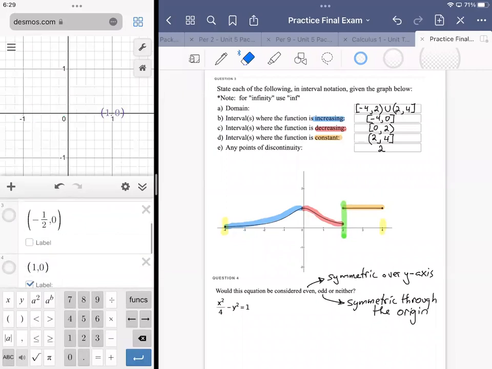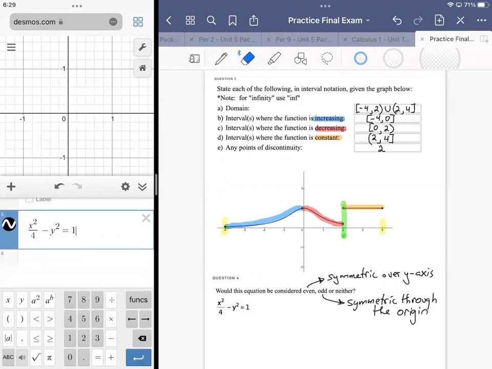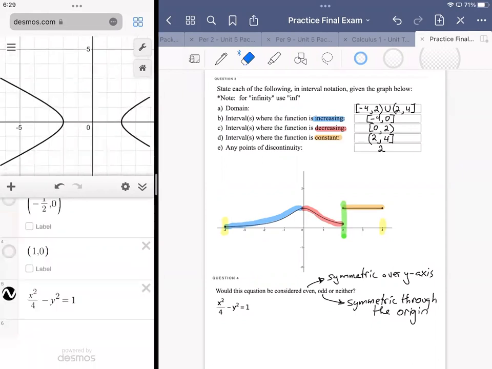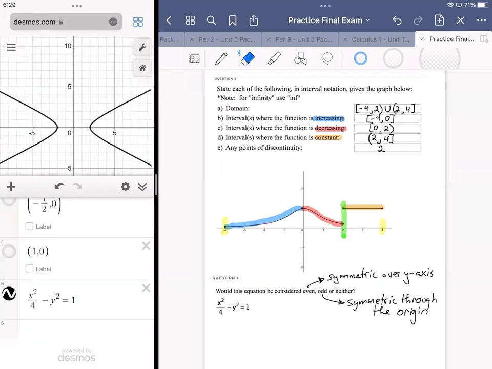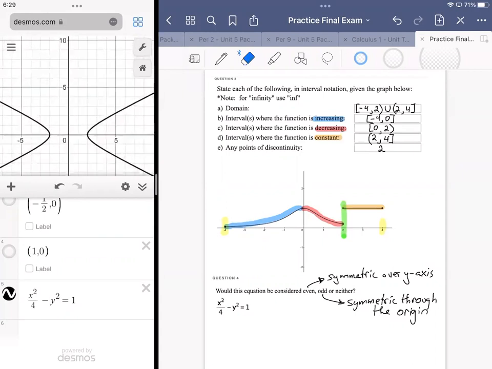Just turn off these labels for a sec. Do a little zoom out just so I can see the picture. All right, so this does look like it has y-axis symmetry.